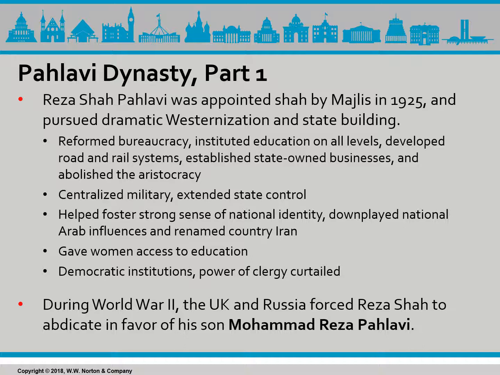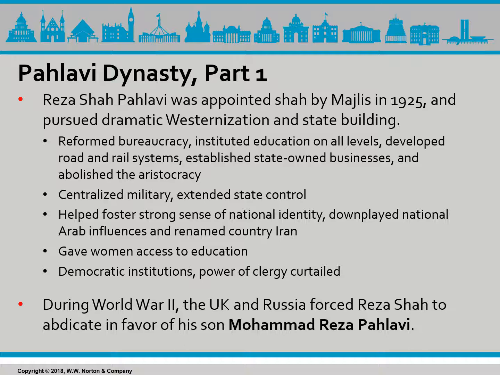He also pursued democratic institutions, and he also started to curtail the power of the clergy of Islam. During World War II, the United Kingdom and Russia forced Reza Shah to abdicate in favor of his son, Mohammad Reza Pahlavi. Just an interesting note with that is that during Reza Shah Pahlavi, before Muhammad took over, he actually banned the hijab, and the chador was outlawed.